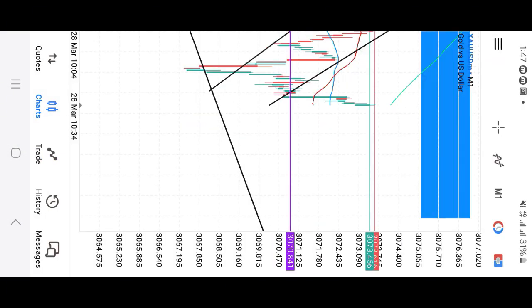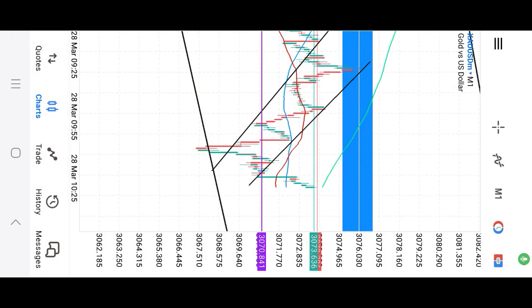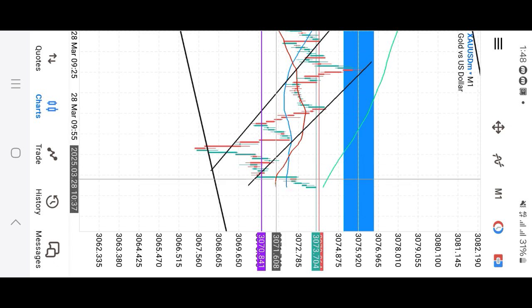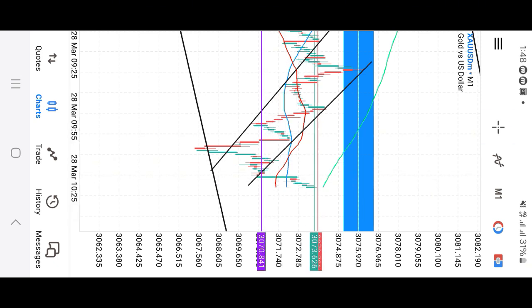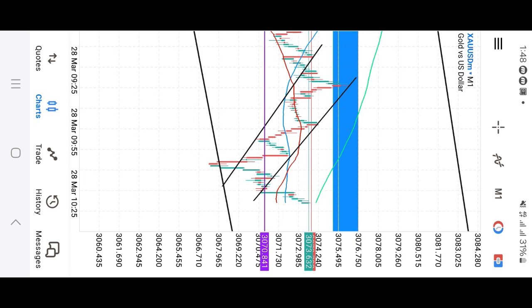It's enough. Yeah, it closed. This is how I scalped. This is how I scalp, no? So it breaks the trend line, then I got my bias. So I scalp that.